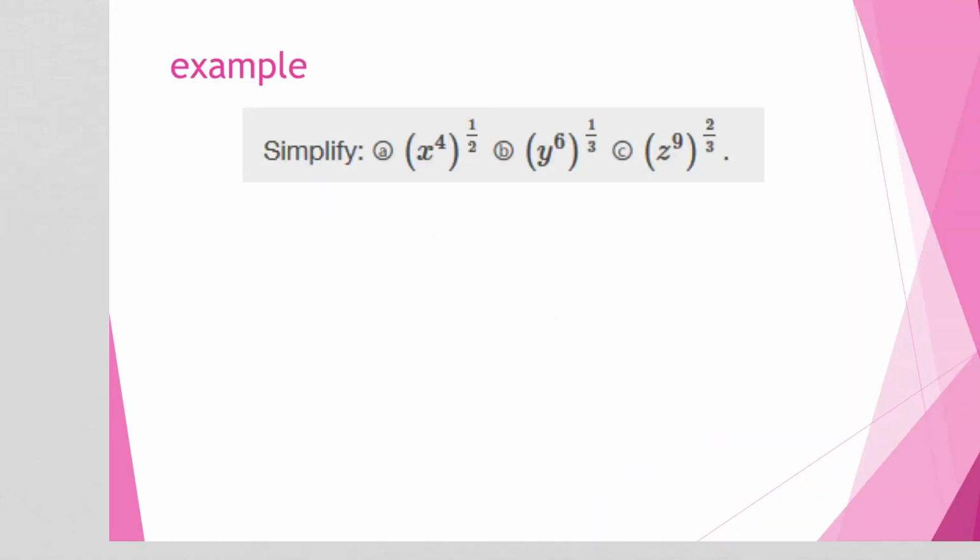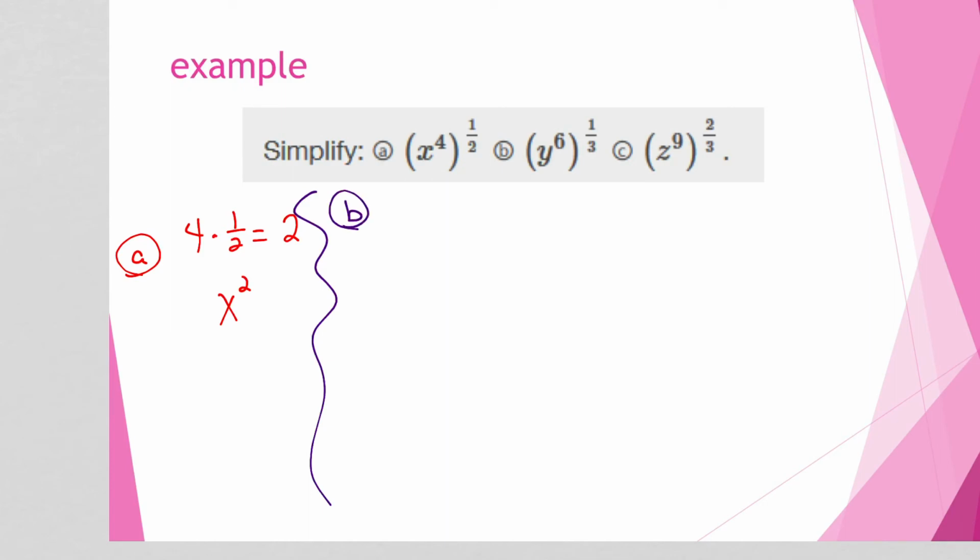All right, so according to the rules of exponents, whenever you have a power raised to a power, you multiply your powers together, okay? So we would have 4 times 1/2, which is 2. So we would have x squared on part A. On part B, we have 6 times 1/3, which is the same thing as 6 divided by 3, which is 2.